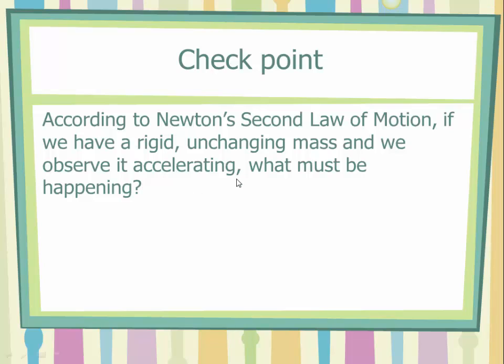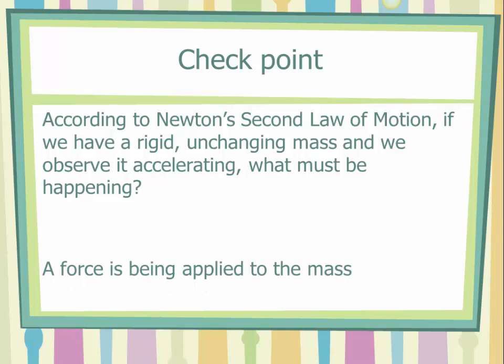Think of the formula, F equals ma. If mass doesn't change and acceleration is increasing, the other part of that equation is force, so what's happening to that force? Well, if acceleration is increasing, that force also must be increasing. So force must be being applied to the mass.